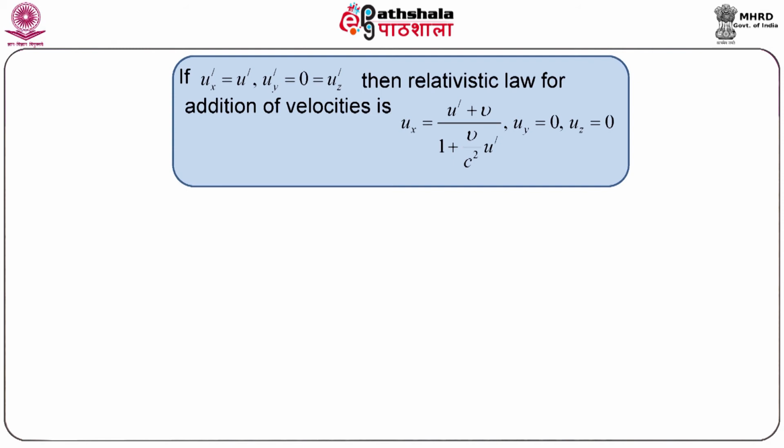So, one can conclude that if in frame S dash the object has no velocity along the y dash and z dash axis, then in frame S also the object has no velocity along the y and z axis.